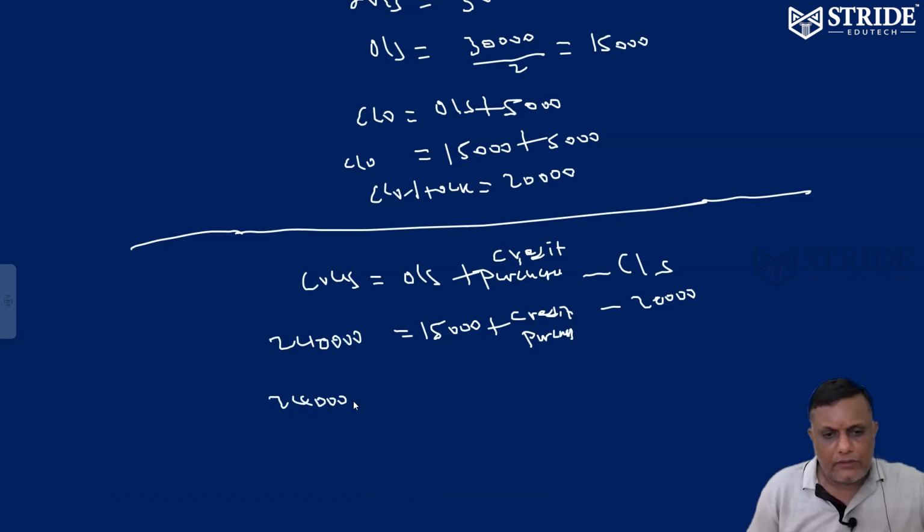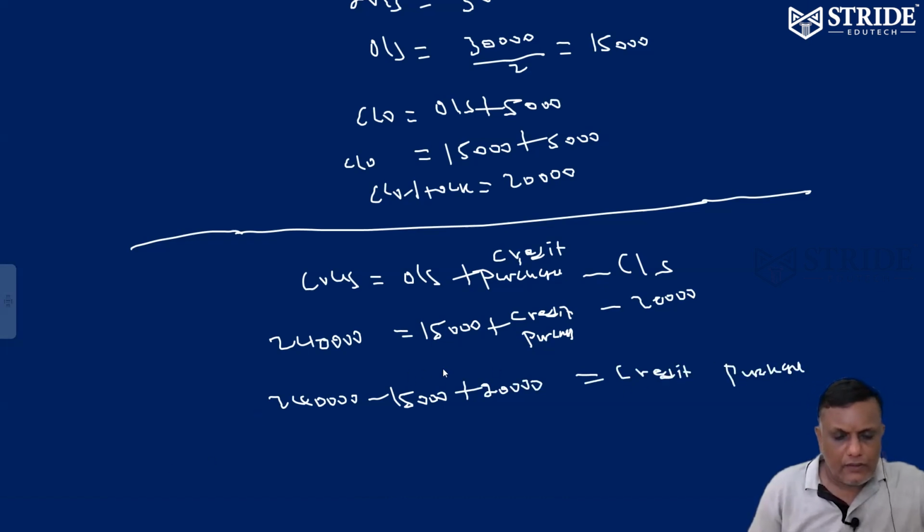So 2,40,000 minus 15,000 plus 20,000 is equal to credit purchase. 2,40,000 plus 5, so credit purchase is 2,45,000.